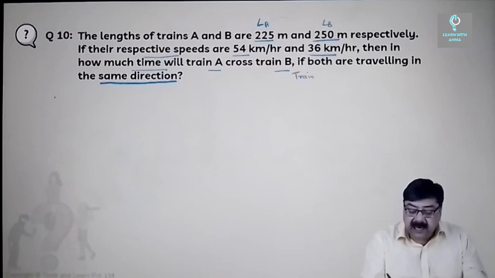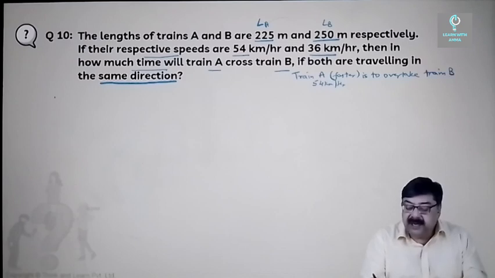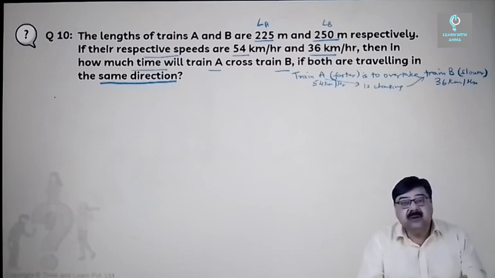So train A, which is faster as it is traveling at 54 km per hour, is to overtake train B, which is slower and traveling at 36 km per hour. Or we can also say train A is chasing train B. You can say that also.